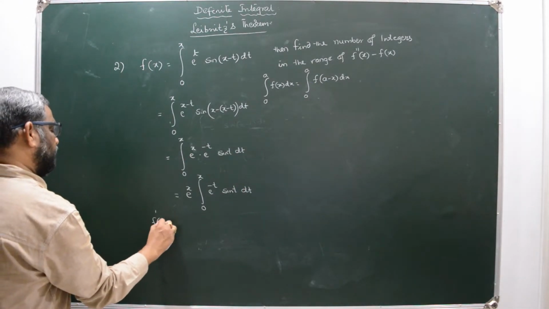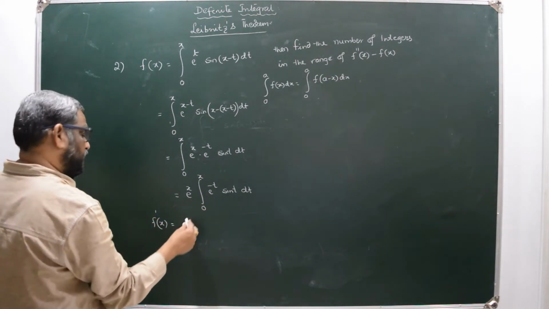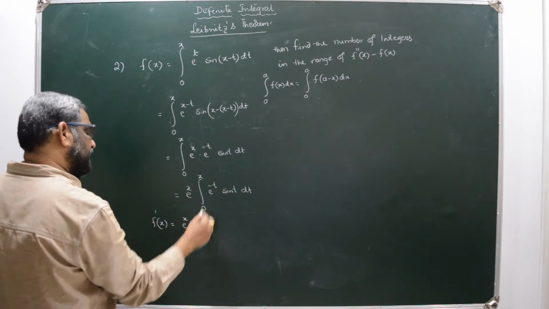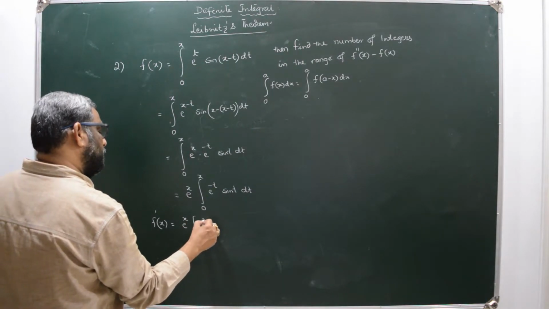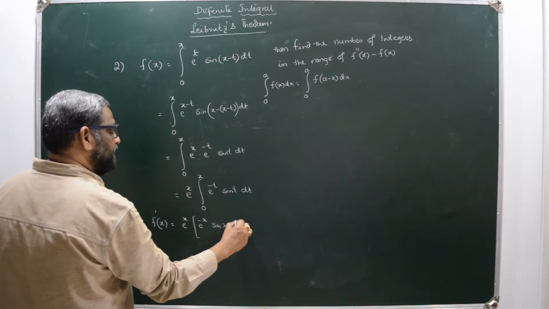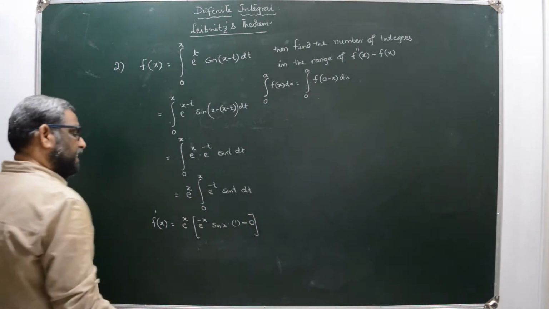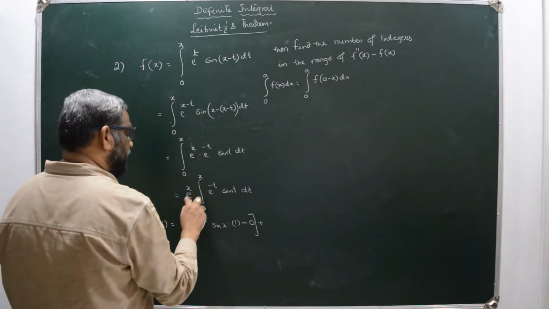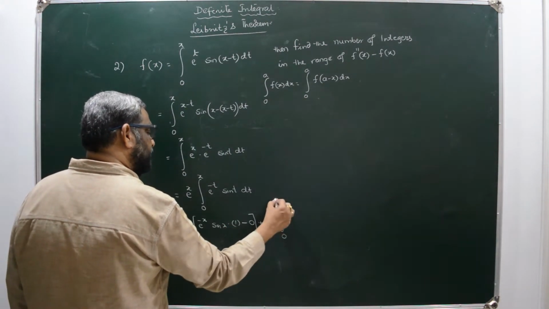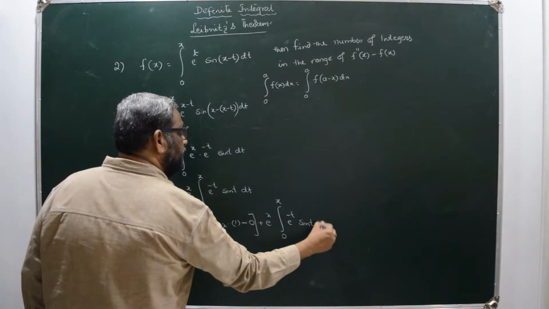Now I will differentiate. f'(x) is equal to, again here I will apply the product rule. e^x into derivative of this, which is e^(minus x) into sin x into derivative of x is 1, minus the derivative of 0 being 0, plus the derivative of e^x into integral 0 to x e^(minus t) sin t dt.